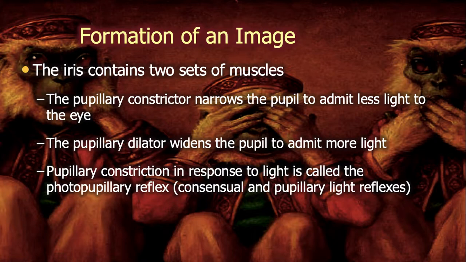The consensual reflex is that if I shine a light in this eye and the flashlight does not hit the other eye, it still constricts. So the eyes are connected to each other. If this pupil constricts, this pupil will also constrict.